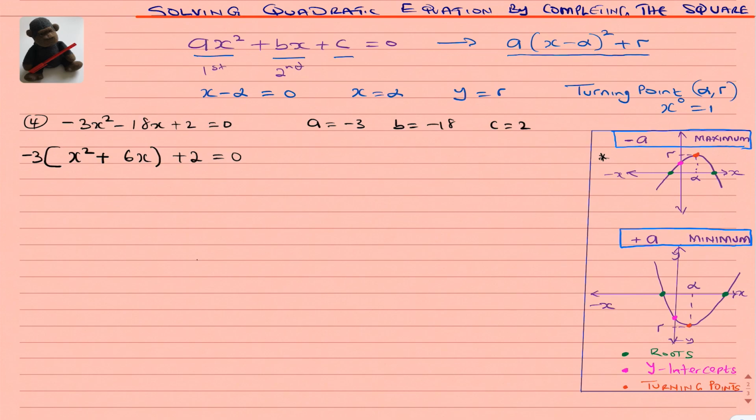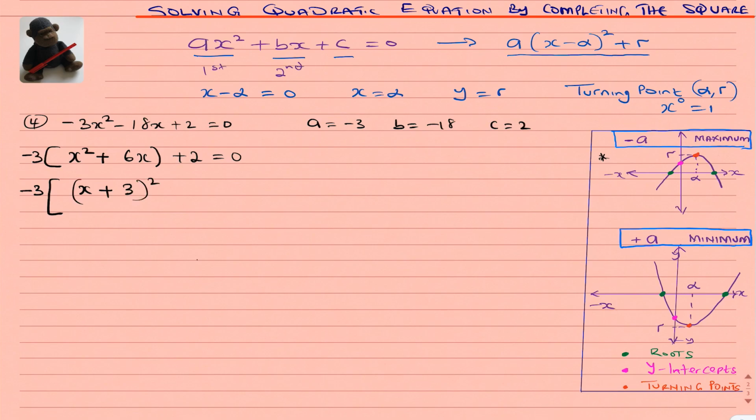Now I need to apply completing the square to the first 2 terms in the bracket. So minus 3 will still come down. I'm going to use a square bracket. So x squared will become x. The plus will still come down. Now the new b is 6. So 6 divided by 2 will be 3.